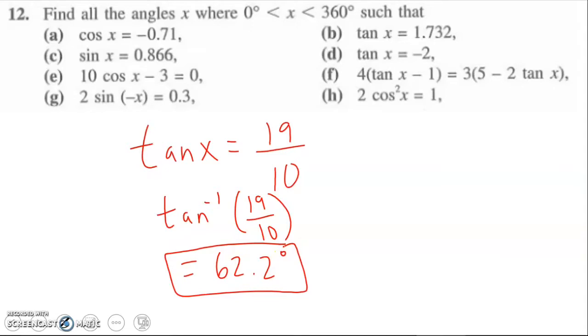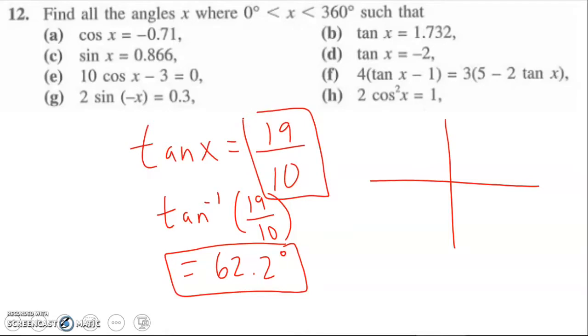Now where is tan positive? Tan has to be positive in Q1, also in Q3. Again, I know this is 62.2. I also know this is 62.2 as well. I already have one angle.